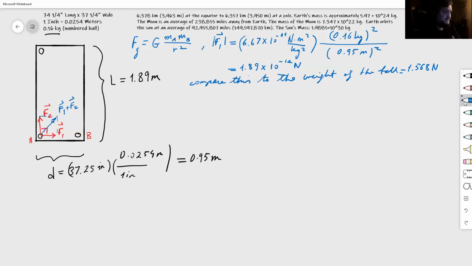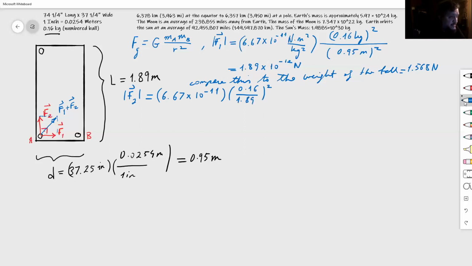So let's repeat this for F2. The magnitude of F2, 6.67 times 10 to the negative 11 times 0.16, and the 1.89 is the length.